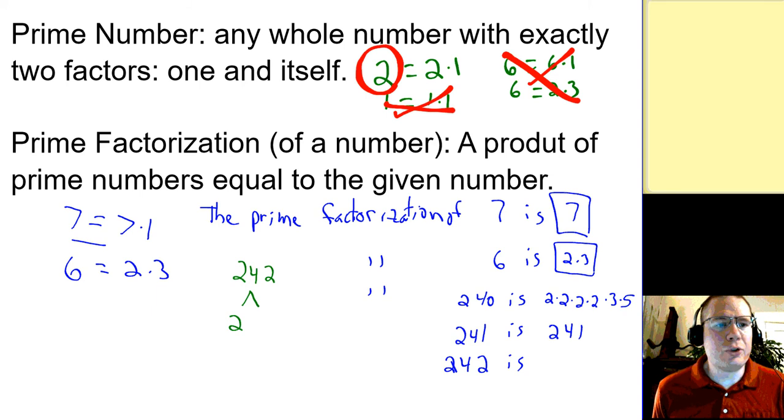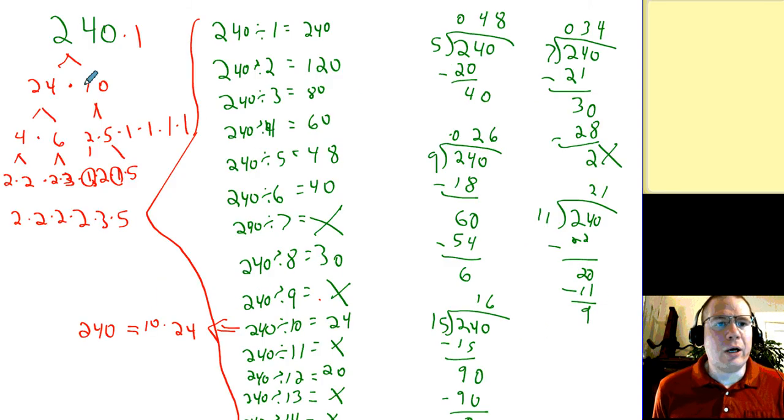In fact, for 240, I could have started with 240 is 2 times 120. That's what I used for my list here. I didn't do that though, because first, this is more obvious. Anytime it ends in a 0, boom, I'm going to go straight to 10.